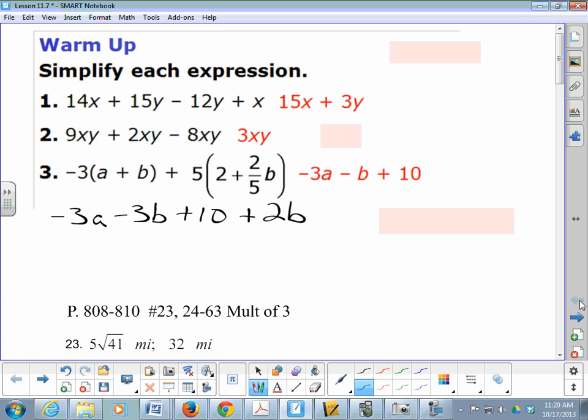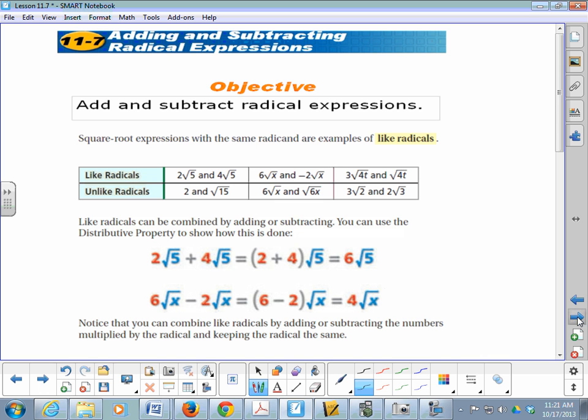The same thing happens when we're adding and subtracting radicals. They have to be the same. So if you look at what we got right here in the red and blue, it says 2 square roots of 5 plus 4 square roots of 5. I could actually use the distributive property and write that as 2 plus 4 times the square root of 5.